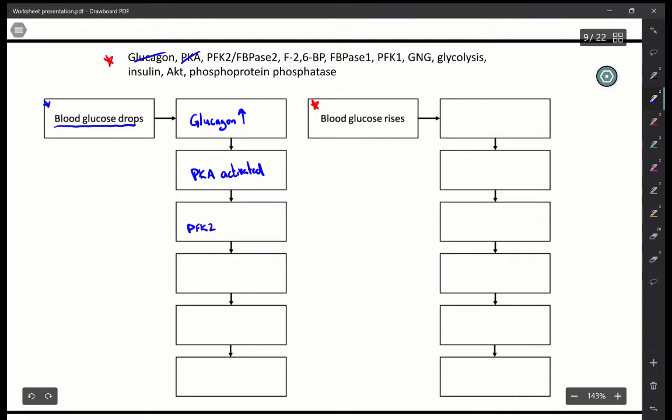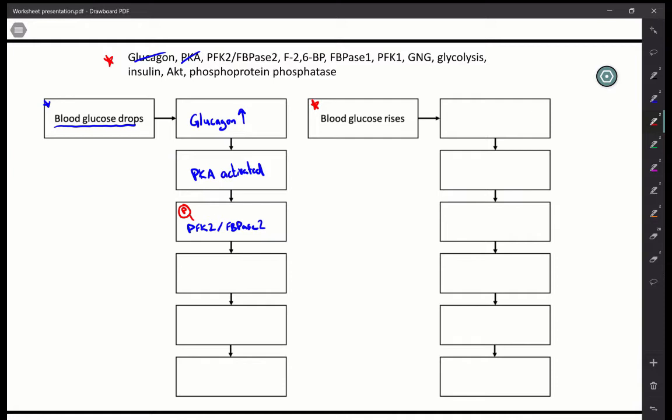So I'm going to put here PFK2 slash FBPase2 are going to be phosphorylated by the activated PKA. The modifying term will be phosphorylated, but I'm going to put a phosphate group coming off of PFK2. Now, remember, this is a protein that we say is bifunctional. It has two different domains.